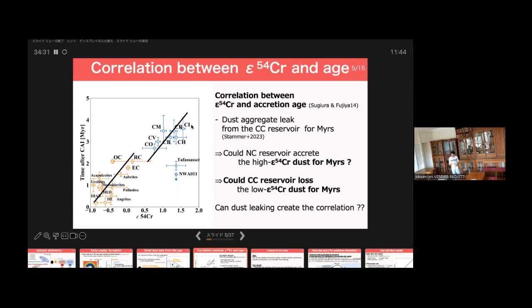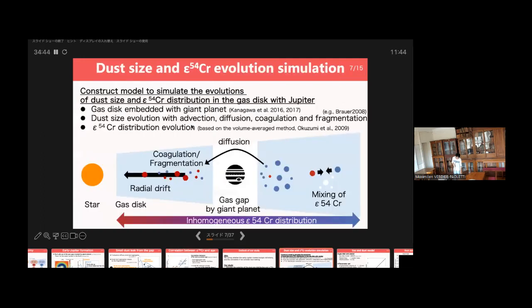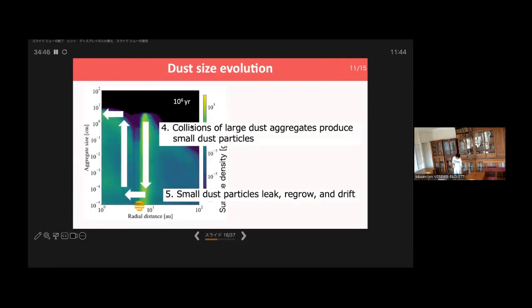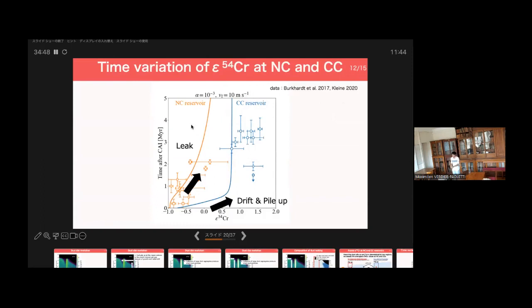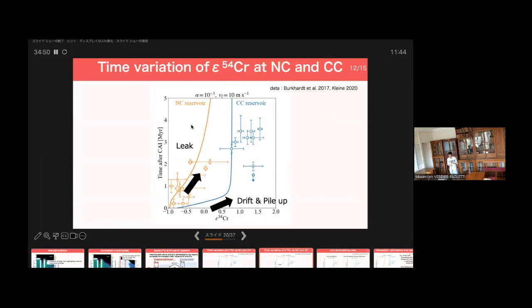Oh yeah. If there is no second reservoir, you see a constant average position in the CC superplan. It is also true that there is a constant gradient. You still see a gradient in the outer disk, in the isotopic composition.